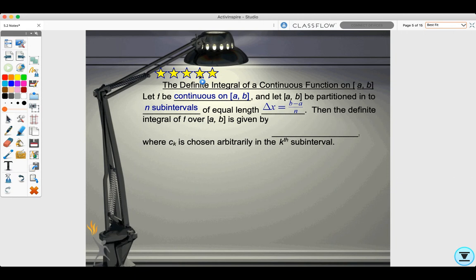Then the definite integral of f over [a, b] is given by the limit as n approaches infinity of the sum from k equals 1 to n of f of c sub k delta x, where c sub k is chosen arbitrarily in the kth subinterval.